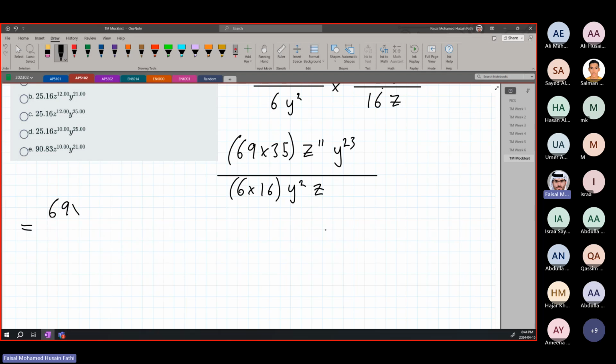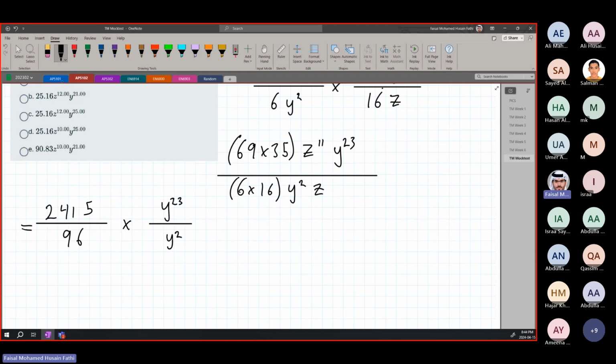So 69 times 35, let me just simplify it from now. 69 times 35, which is 2415 over 6 times 16, which is 96, okay? Times, again, I'm going to keep my y's alone. So what y do we have up? We have y23. What y do we have down?